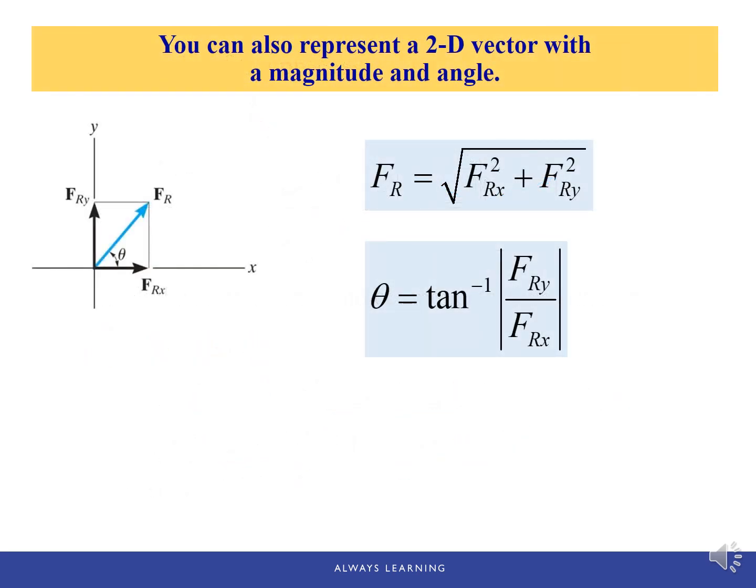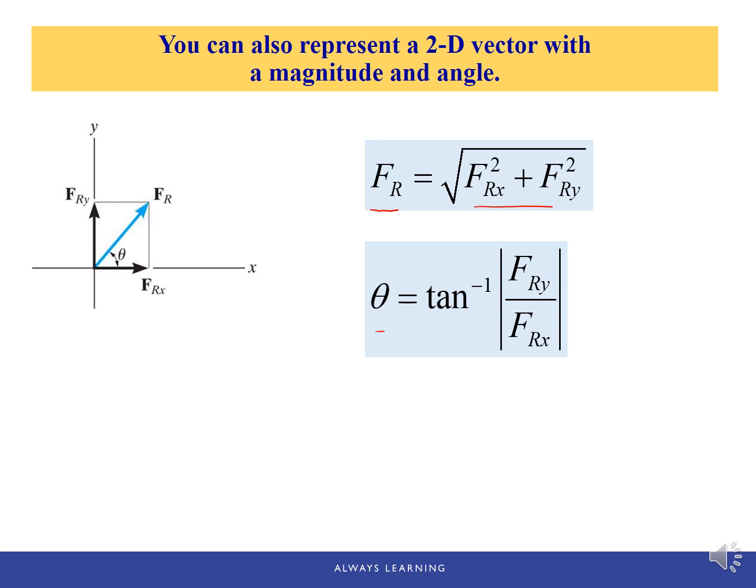If we need to find the magnitude, remember the magnitude of a vector is a scalar, it's a number, right? How long this vector is. The magnitude of the resultant vector equals the square root of the sum of the squares of the two components. And you will also be asked to find the angle, or the direction of the vector. So magnitude and direction, right?